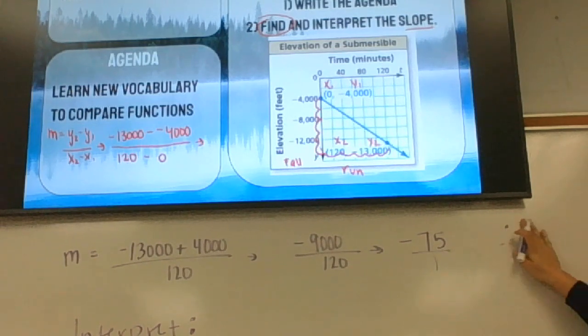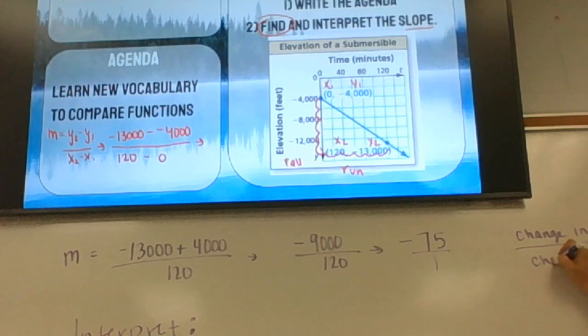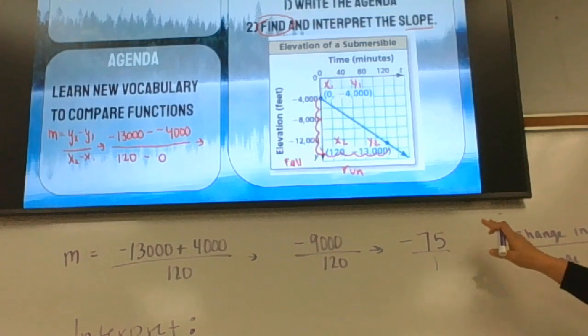I don't want to confuse you guys making triangles, but I know that it's change in y, or the dependent variable, over change in x, the independent variable. And y is the elevation in feet, and x is time in minutes. So we end up with negative 75 over 1.